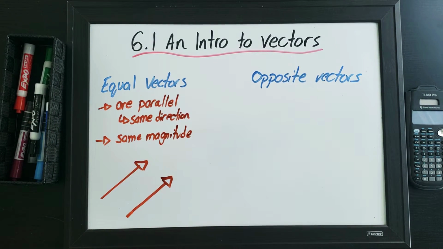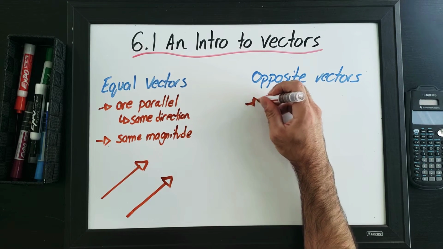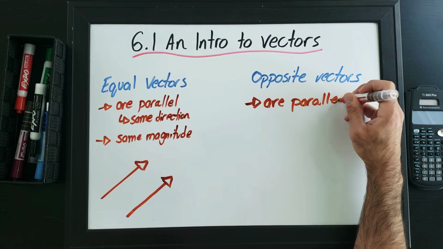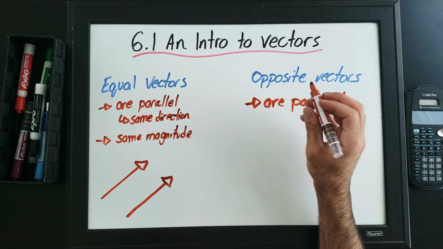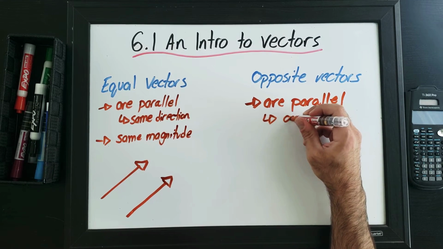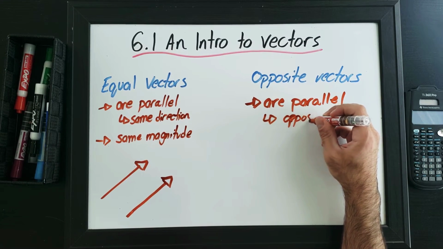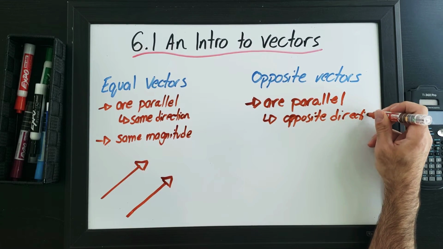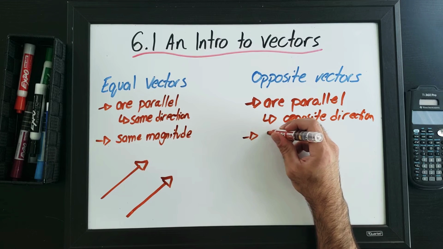Opposite vectors are parallel, they have the same, actually I'm going to put it over here, this is opposite direction. But they also have the same magnitude.